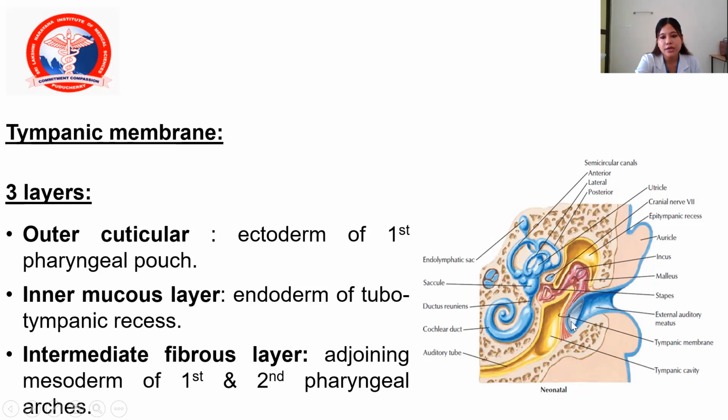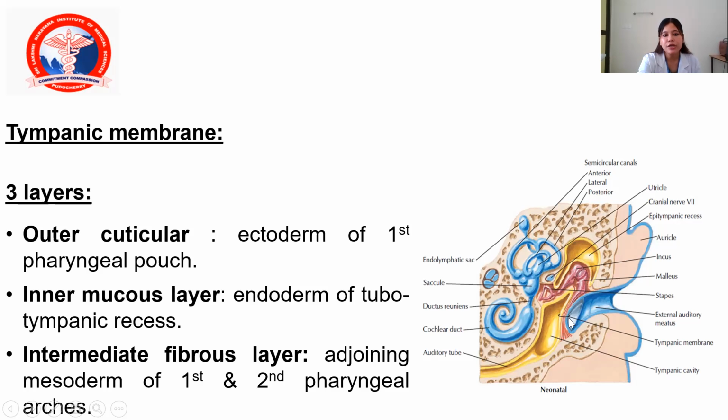Here you can see the disc-shaped or ring-shaped tympanic membrane. The tympanic membrane has 3 layers: the outer cuticular layer, the intermediate fibrous layer, and the inner mucus layer.